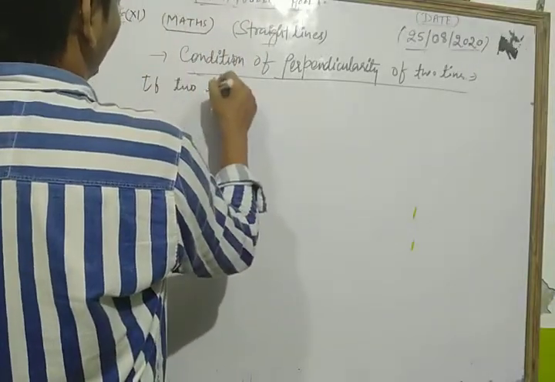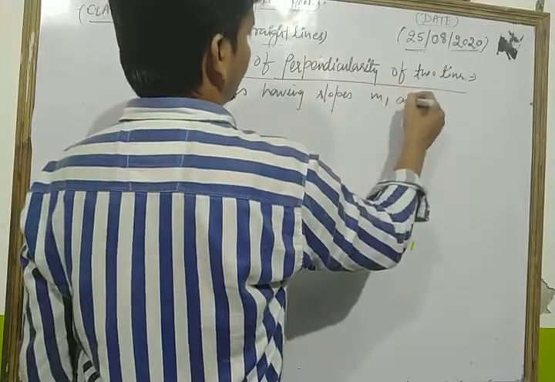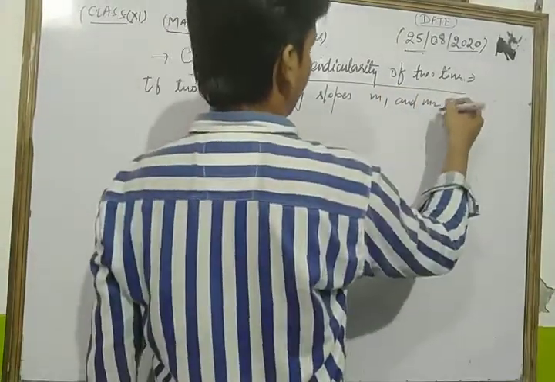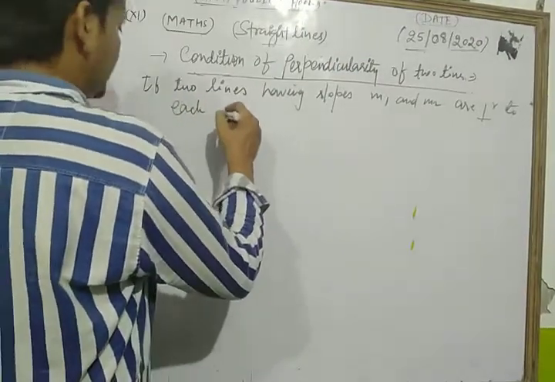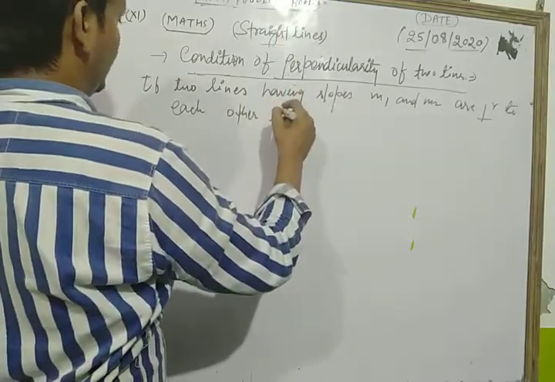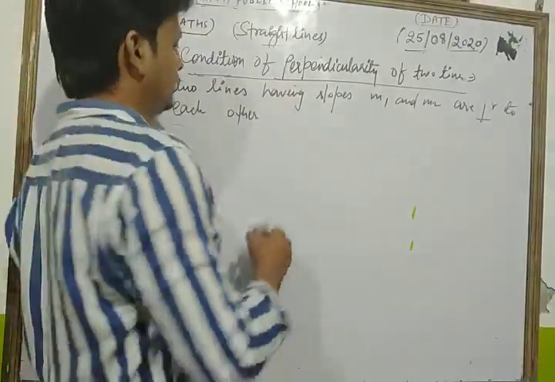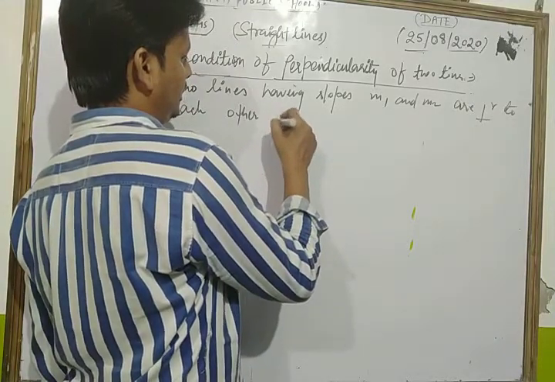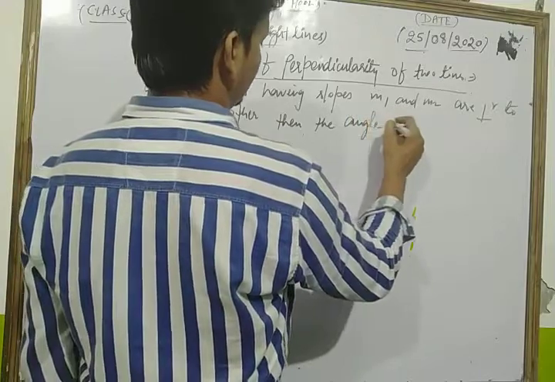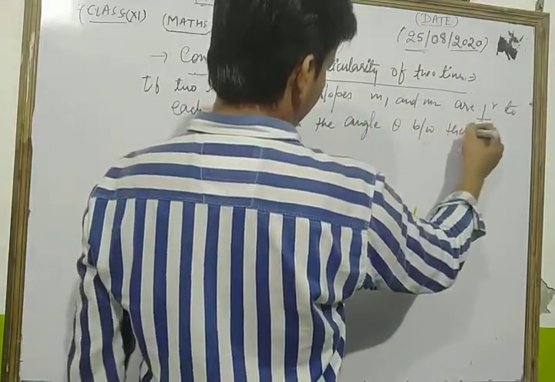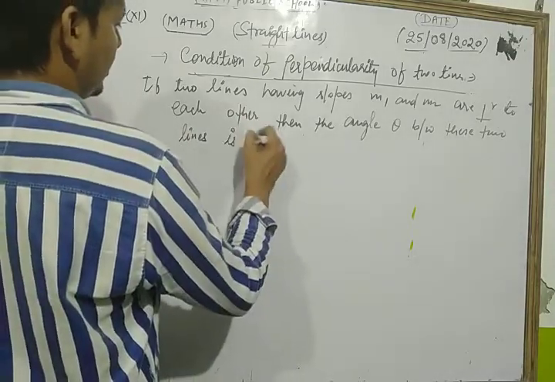If two lines having slopes m1 and m2 are perpendicular to each other, then the angle theta between these two lines is 90 degrees.